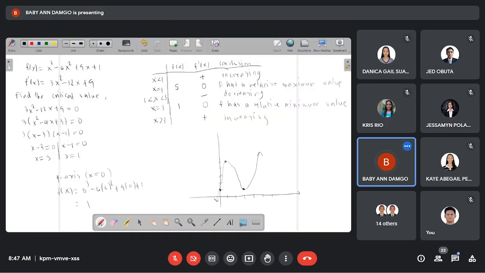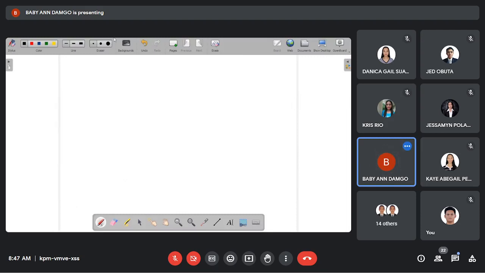This is another way to graph the function. So this class here is what we call concave downward. This one is concave upward.